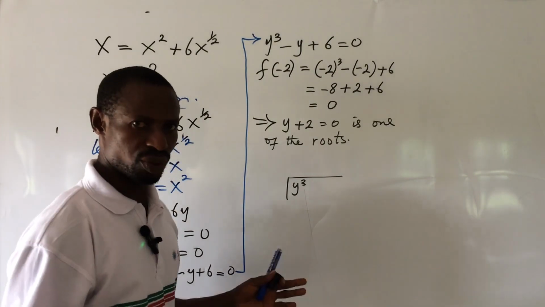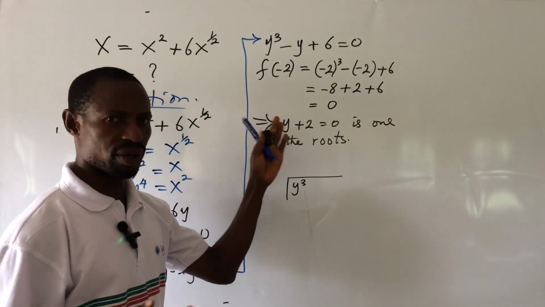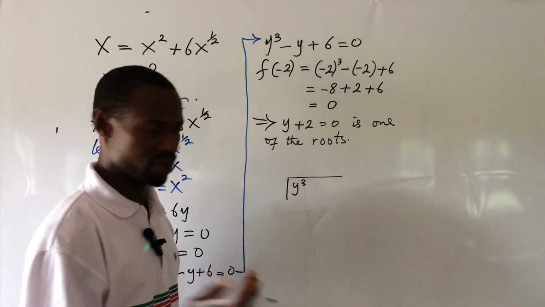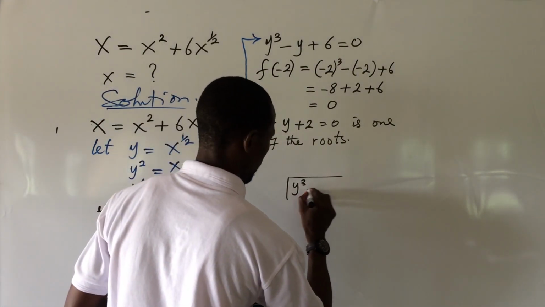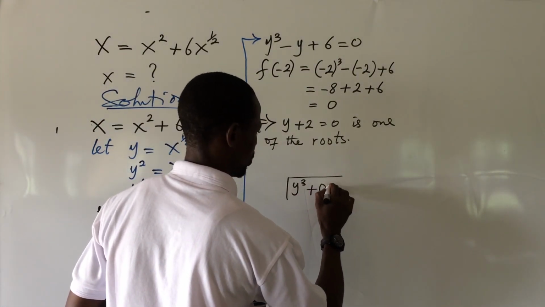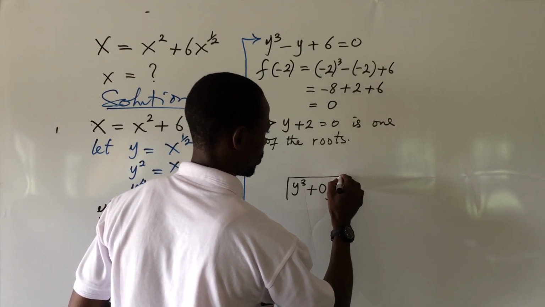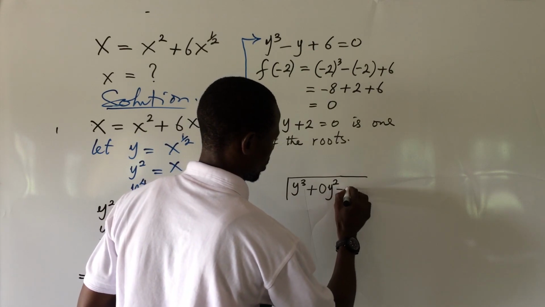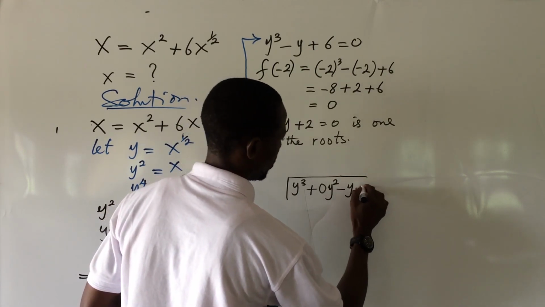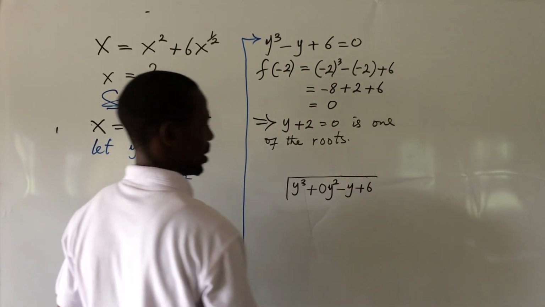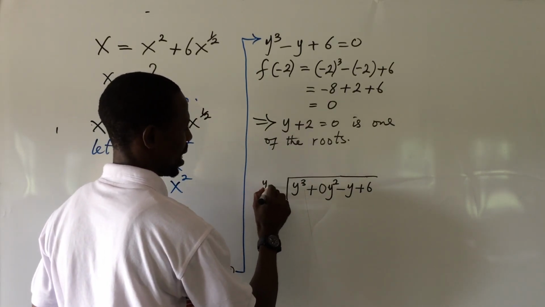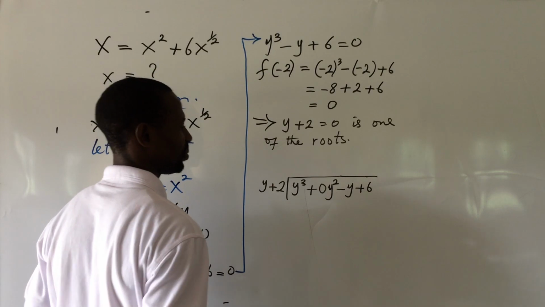Now, I'm going to introduce y to the power of 2 just to complete the circle, but in there, the coefficient is going to be 0. So if I put in here plus 0 y to the power of 2, then here we have minus our normal y, then plus 6, to be divided by this, which is y plus 2.